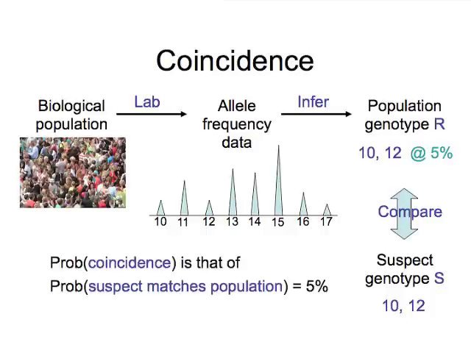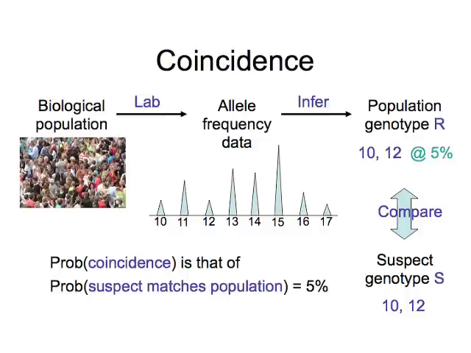Next slide. Now we make a comparison between the suspect and the population. The bottom left describes a coincidental event, that of the suspect matching the population. The probability of this coincidental match is 5%. Here is why. The suspect has a definite 10-12 with probability 1.